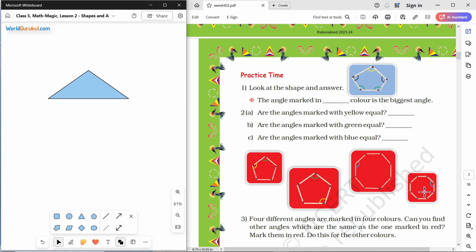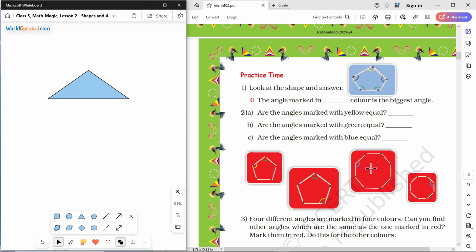These two are octagons, one bigger and another smaller. All are made with equal sides and equally aligned. In that case, the angles inside are going to be equal. So this blue angle, in fact all the angles inside, are equal.